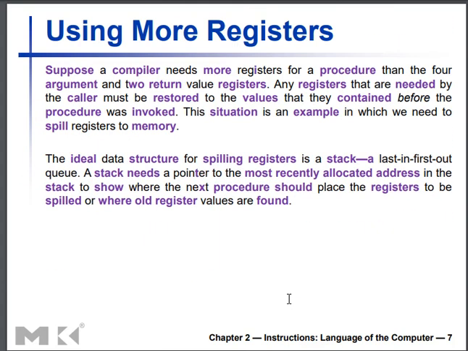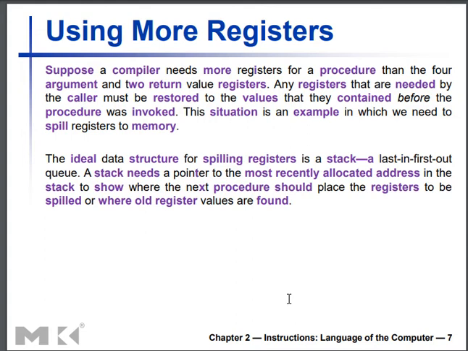Sometimes you want more parameters. In the previous slide I was telling that registers A0, A1, A2, A3, four registers, four values, are used to pass the parameters. Sometimes the compiler needs more registers for a program, like not just four arguments. I want to pass five or six values to the procedure.